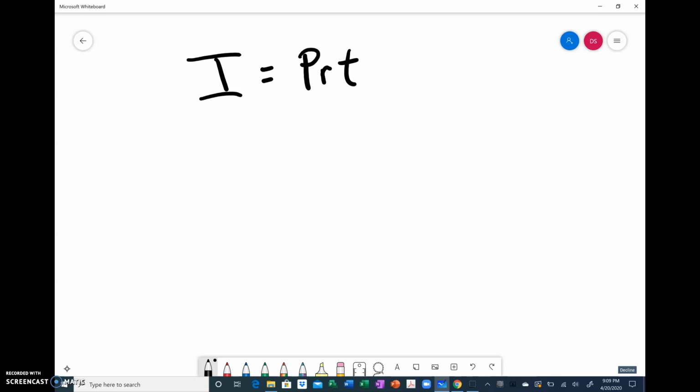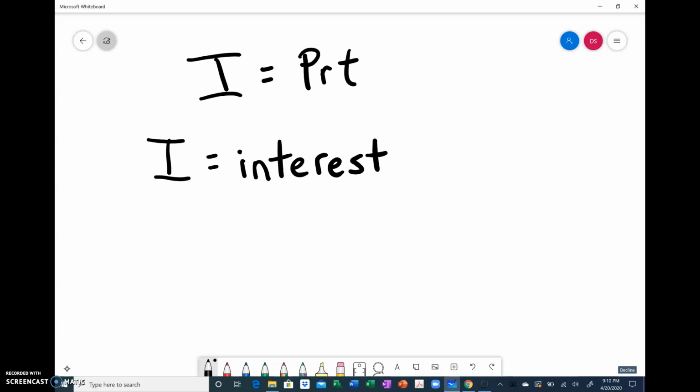All right, what is I? I stands for interest. So let me see if I can explain interest to you. Not like something is interesting, but interest is what you pay or what is paid to you if you borrow money or loan money to someone else.